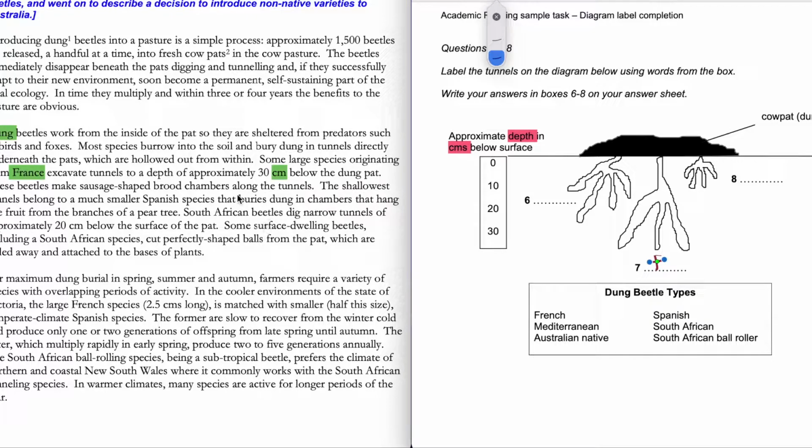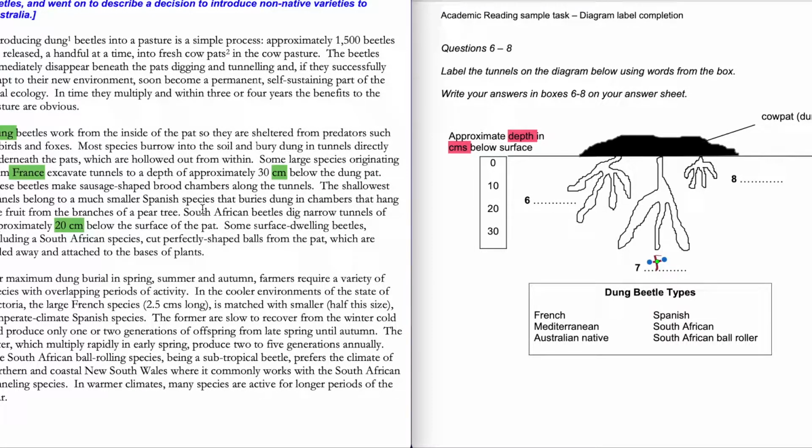So and scan further, and there is some information about 20 centimeters, approximately 20 centimeters. So let's read the sentence. So the African beetles dig narrow tunnels of approximately 20 centimeters below the surface of the pad. So they are going below approximately 20 centimeters.